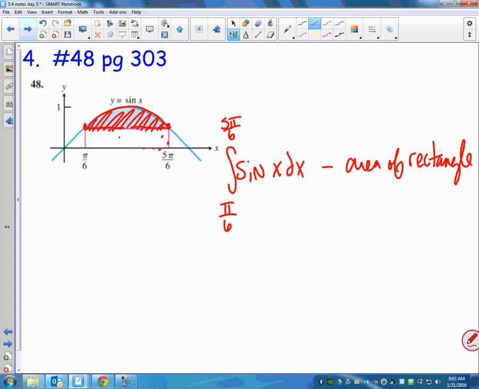So which one do we want to do first? The integral or the area of the rectangle? The integral, we're going to calculate. What's the integral of sine of x? Negative cosine, right? Because the derivative of negative cosine would be positive sine.